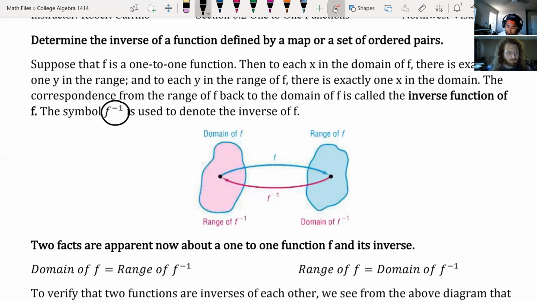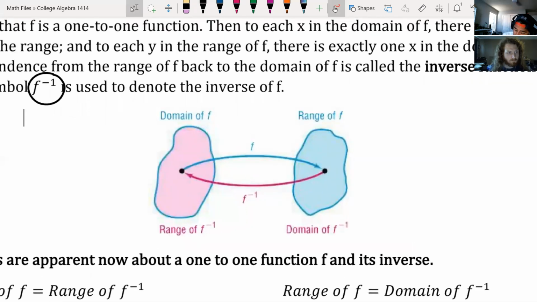Like we said, if you look at my blobs below, here in the domain, I have an x value, and here in the range, I have a y value. To get from the domain of f to the range of f, so to get from one x value to the one y value, we use function f.